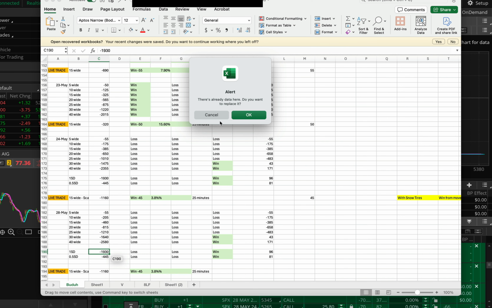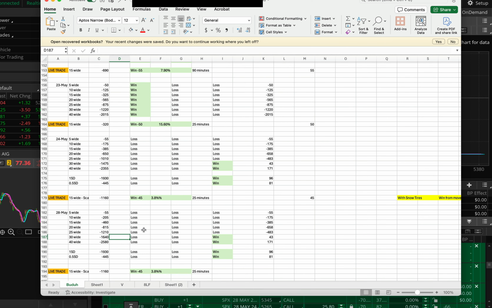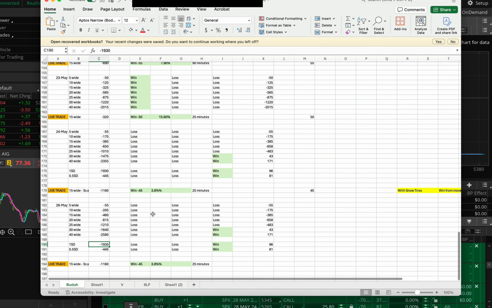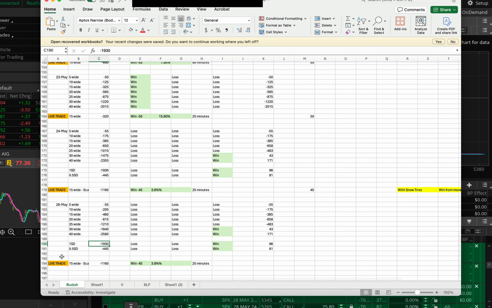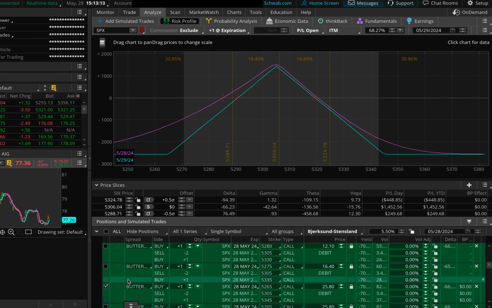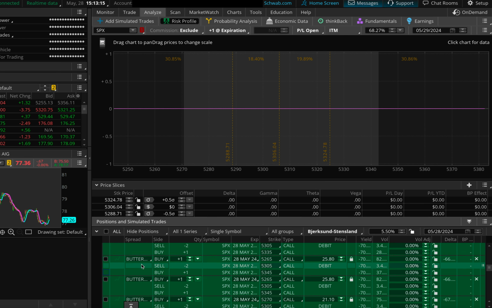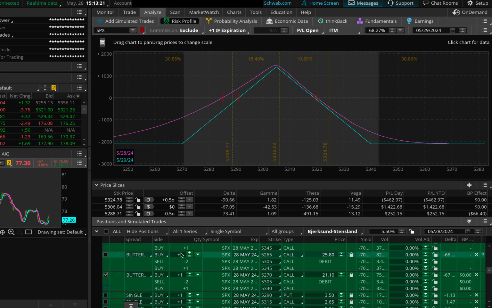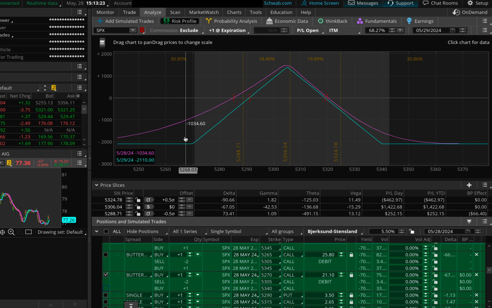Now here are the standard deviations. Better save that. Don't go delete it on me. Okay, so the one standard deviation, let's look at the risk on that. We're affectionately calling this the Rob tests, after my good friend Rob. He came up with this idea. So the total risk on the full standard deviation is 2110.